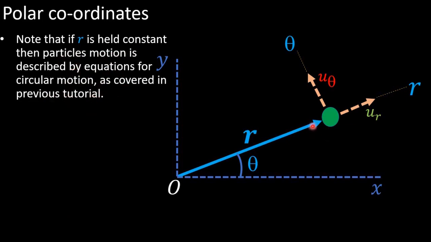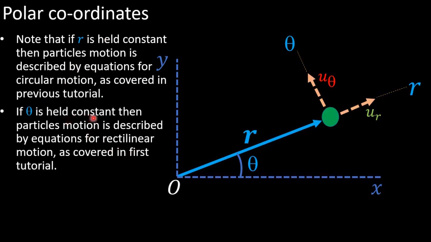So if we hold r constant, so r is not changing with time, and the particle is only free to move in the u sub theta direction, then it will follow a circular motion. If theta is held constant, the particle's motion is described by the equations for rectilinear motion as covered in the first tutorial.